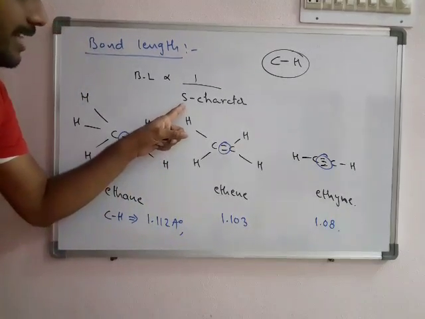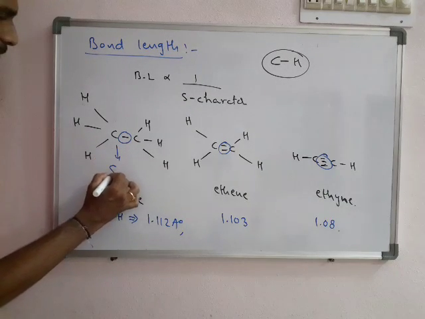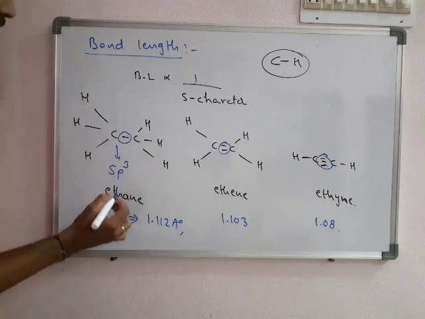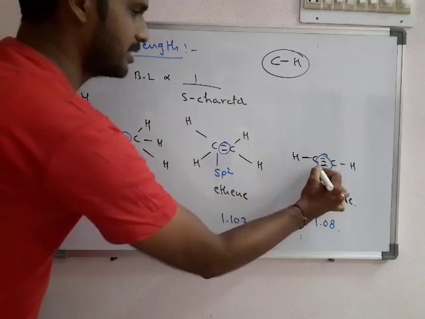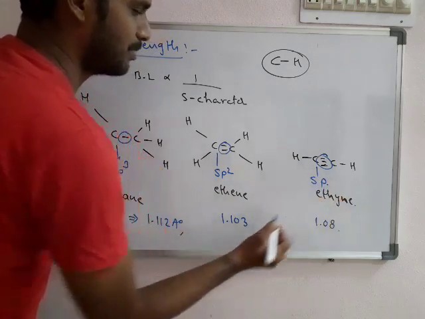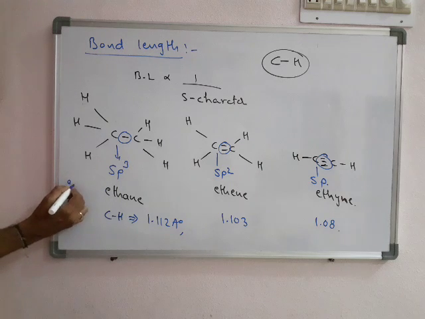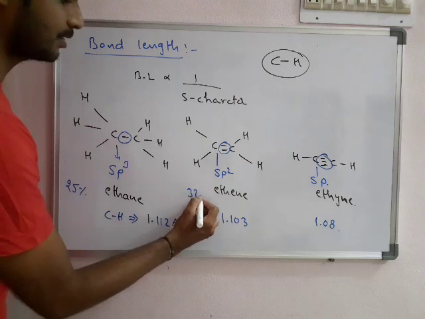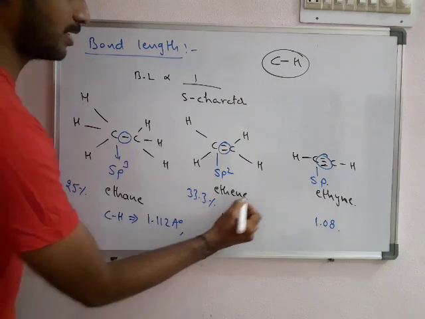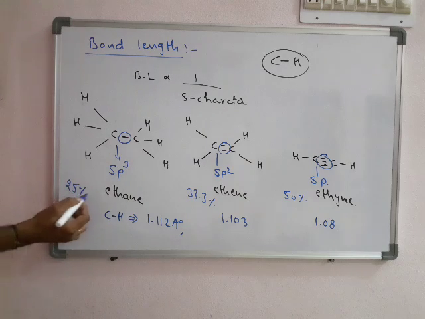Already we know the hybridization of these carbons: sp3 hybridization, this carbon sp2 hybridization, this one sp hybridization. So the S character here is 25%, here 33.3%, here 50%. See, it is the same CH bond.